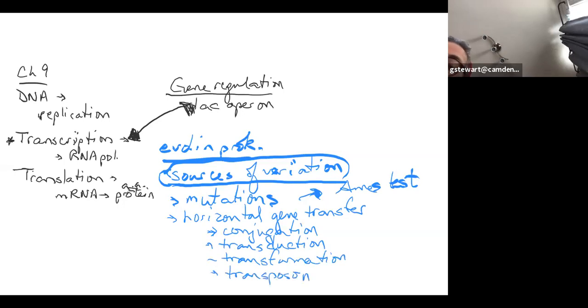And yes, you need to know what all of those definitions are and what that means to move DNA in this manner from one bacterial cell to another, because that's going to come back to us in chapter 12 when we talk about how bacteria develop resistance to antibiotics so quickly.